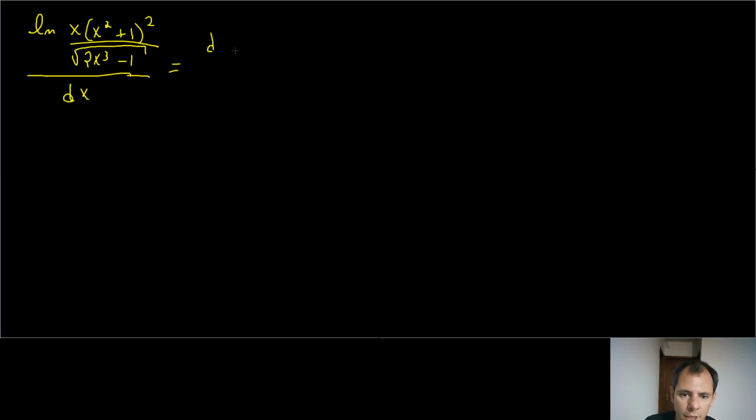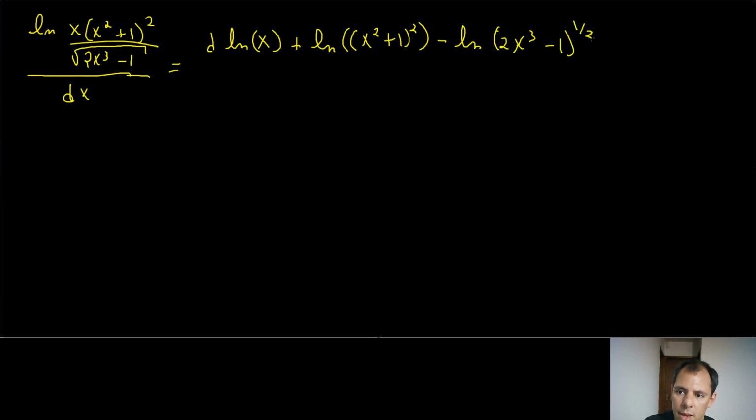So it's going to be the differentiation of ln of x, plus ln of x squared plus 1 squared, minus ln of the square root of 2x cubed minus 1, which is 2x cubed minus 1 to the half. It's the differentiation of all these things with respect to x.